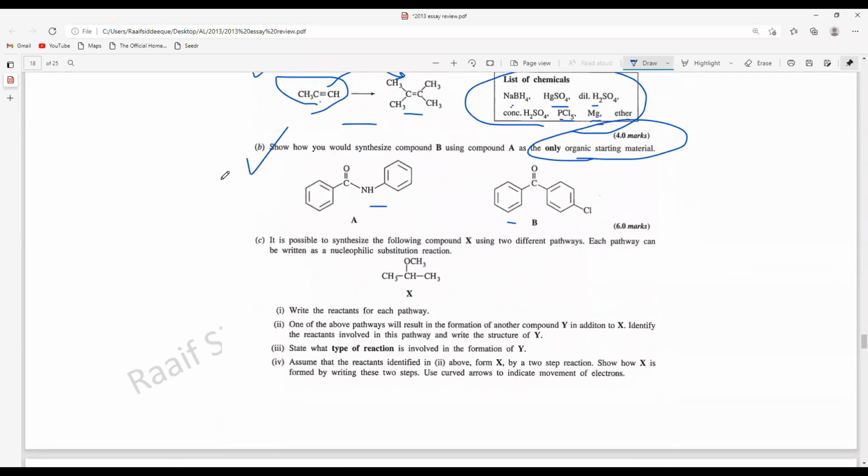And the last one: it is possible to synthesize the following compound X using two different pathways. Each pathway can be written as a nucleophilic substitution reaction. So think about the structure that they have given, right? This is an ether.